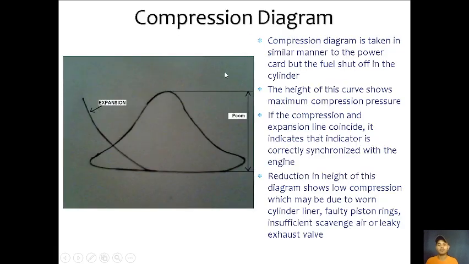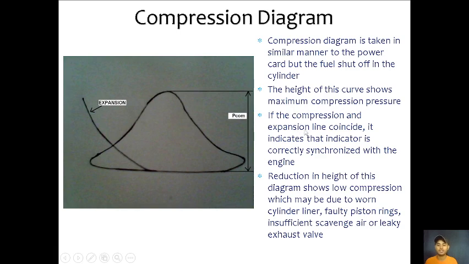Next, we have the compression diagram. The compression diagram is taken in a similar manner to the power card, but with the fuel shut off in the cylinder. Usually we pull the fuel pump away so that it will not give fuel to our combustion chamber, so we just take the compression diagram. The height of this curve shows maximum compression pressure.